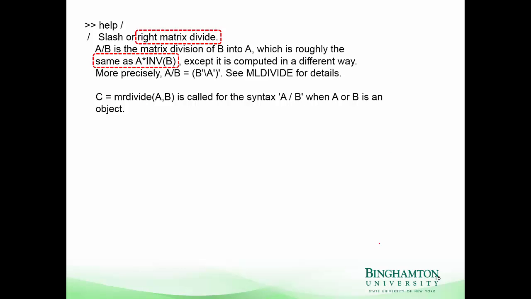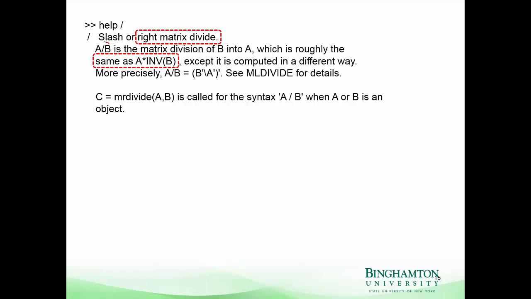Now here is the other one. The one we just looked at is called backslash, and this is called slash. And for the life of me, I can never remember which one is backslash and which one is slash. And this is called right matrix divide. And here it gives you the same kinds of insight.